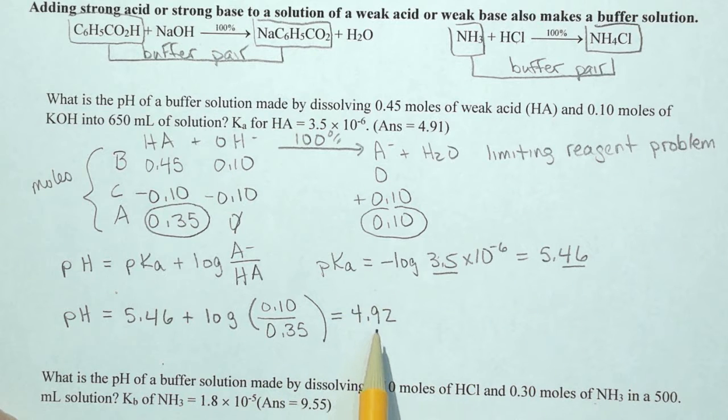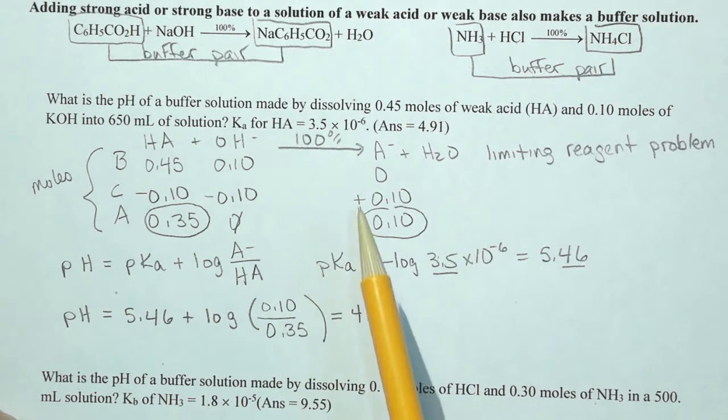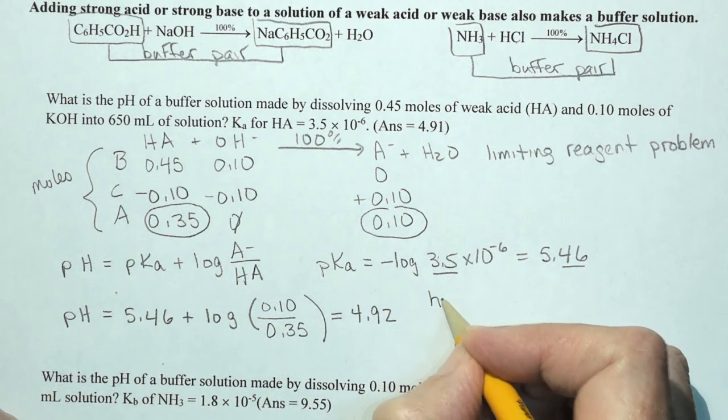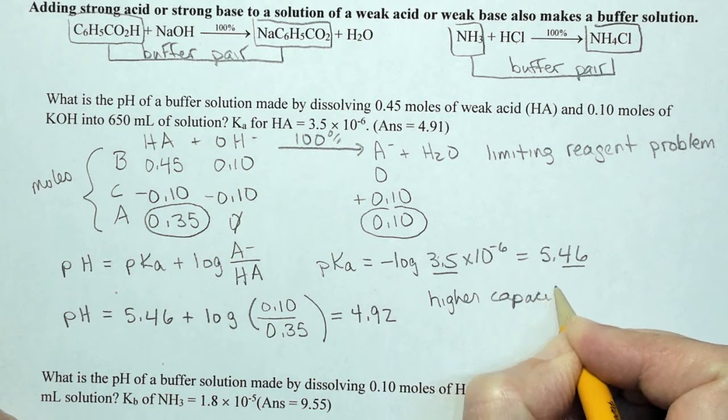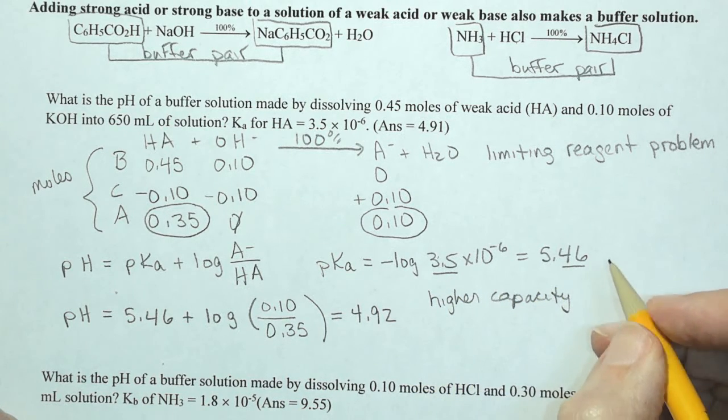So as we look at this, we've made a buffer with a pH of 4.92, but let's see which one it will buffer better against. Will it buffer better against adding acid or better against adding base? So if we look, we have a higher ratio of the HA, so this has a higher capacity to buffer against base if we continued with just this solution.